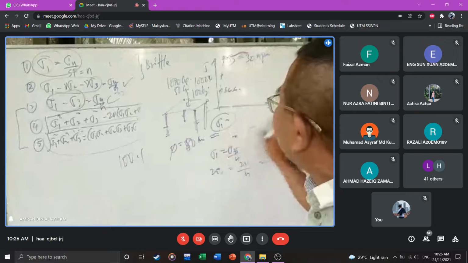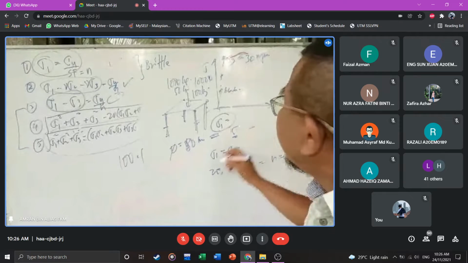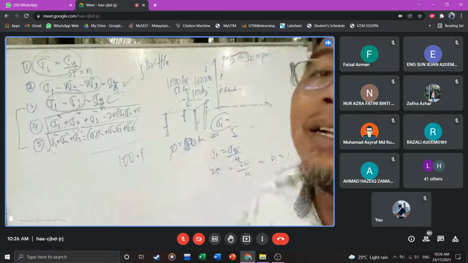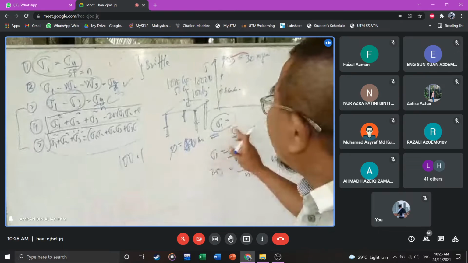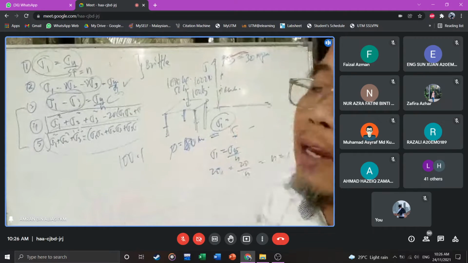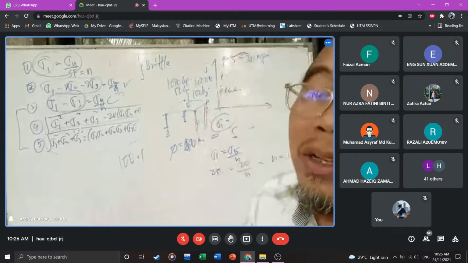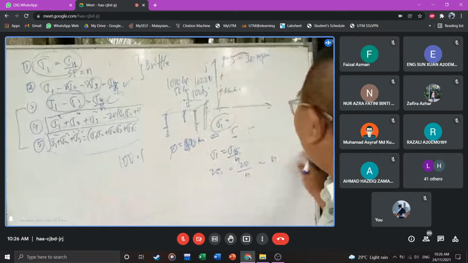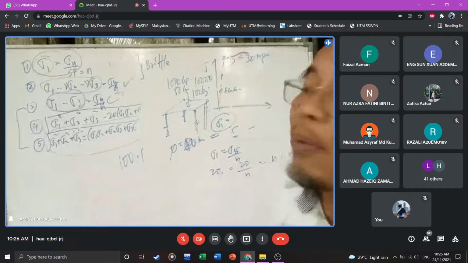So this one becomes 15 because we make the size higher. The stress becomes 15, the limit is 30, so the safety factor is more than 1, maybe 1.3 or 1.2.